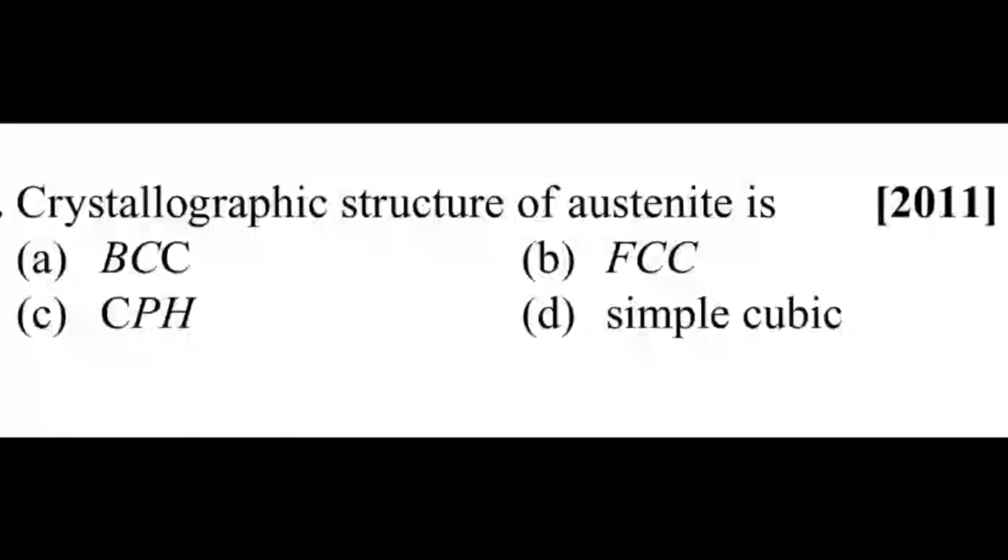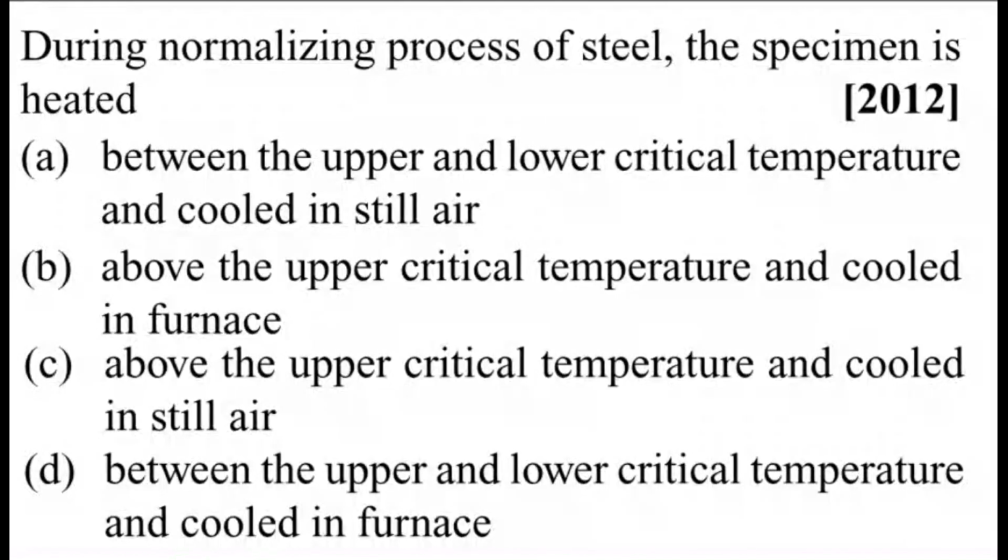Powder metallurgy. Crystallographic structure of austenite is FCC. During normalizing process of steel, the specimen is heated above the upper critical temperature and cooled in still air.